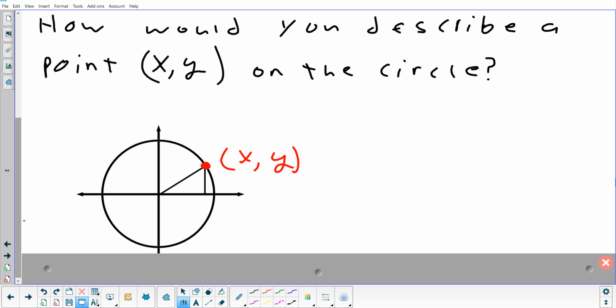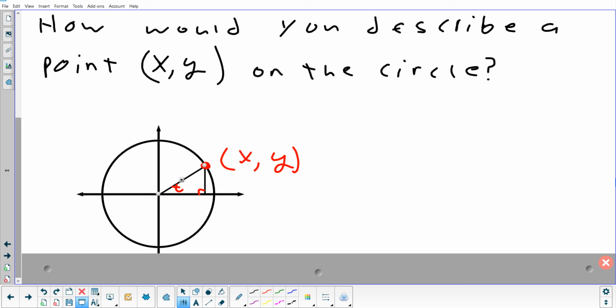If you change the angle in the triangle, let's call this angle T. When we talk about parametric, T is something that can change. If you start to make this angle bigger, this point would start moving up. If you make the angle smaller, that point would move closer to the x-axis.